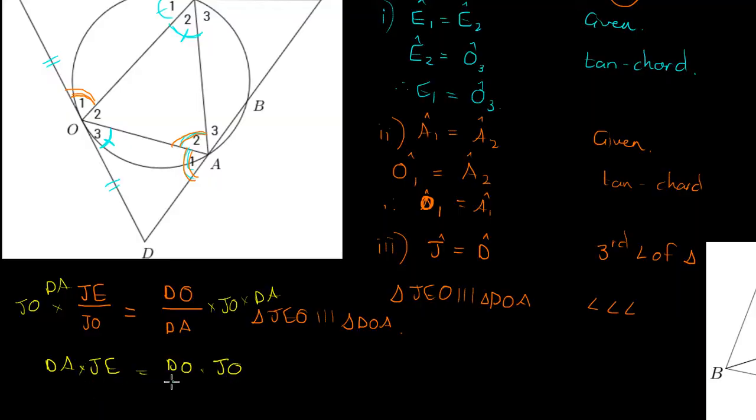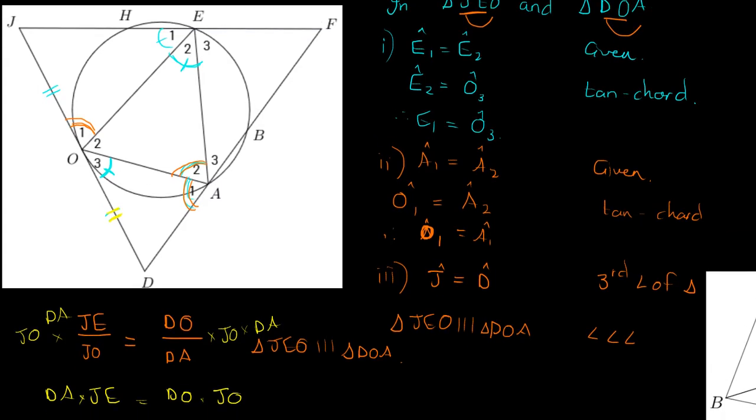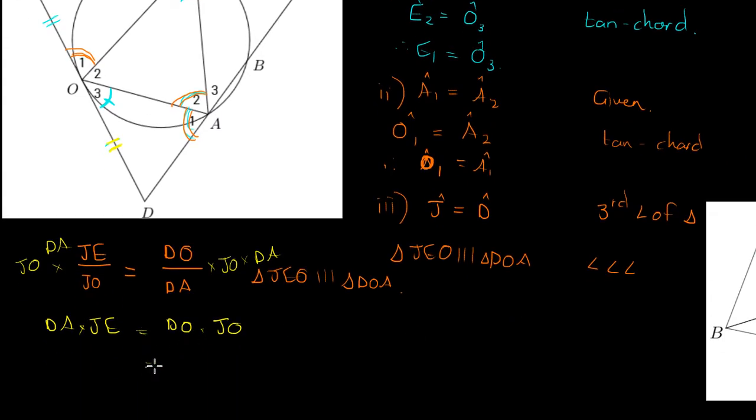Now something's odd. Oh yes, DO is equal to JO, so DO times JO is JO squared, because DO equal to JO was given. Why? Because O is the midpoint of JD. And there it is. That's what we had to prove.